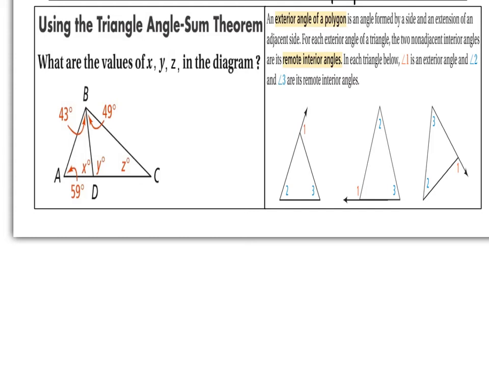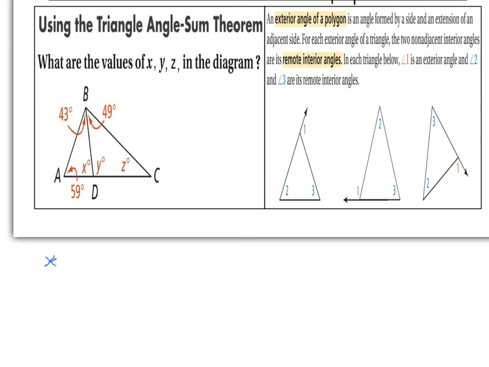This is what are the values of x, y, and z in the diagram. We're using the triangle angle sum theorem. In other words, the 3 angles of a triangle add up to be 180. Okay, and as you look, I see 3 triangles. I see the big one, BAC, and then I see one on the left, BAD, and one on the right, BDC. If you look at BAD, the one on the left, you've got 2 angles already, and then you have an x. So I'm going to be able to add those together.